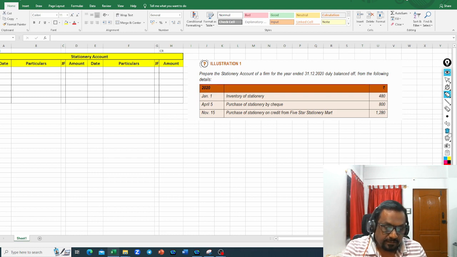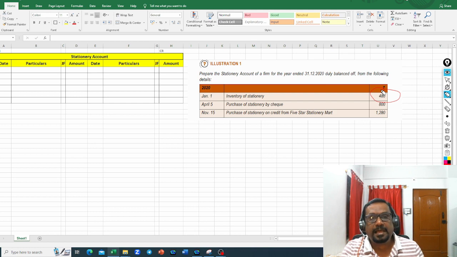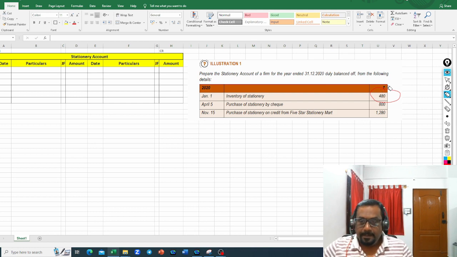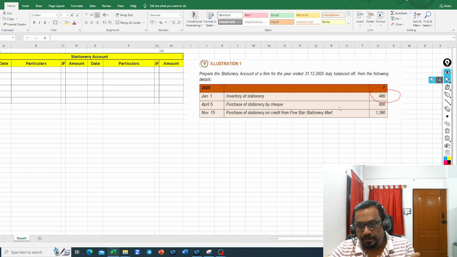What it says first, the first one says we have a balance of inventory. Balance of inventory is nothing but we have a stock of 480 worth of material. So what we are supposed to do when we have a stationery worth of 480 in our business, that is nothing but a stock.